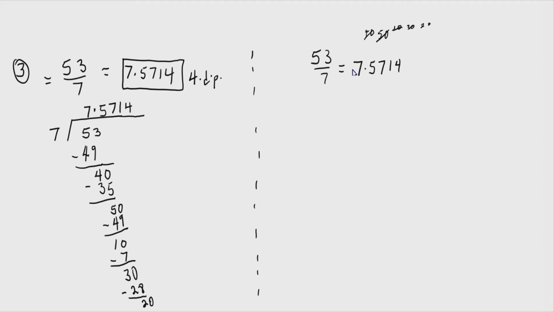And like we said, you can keep going, but we're going to leave our answer to 4 decimal places. Okay, we're going to do one more example, and that's going to be it.